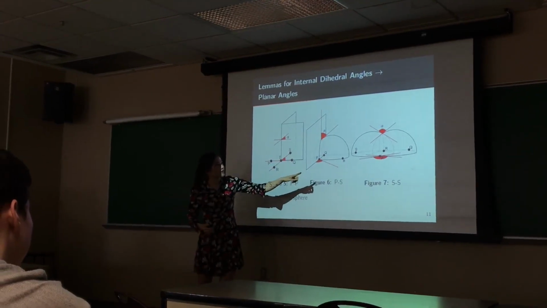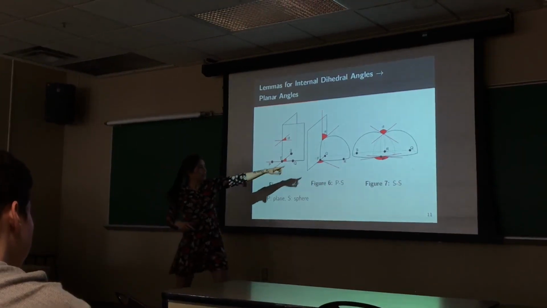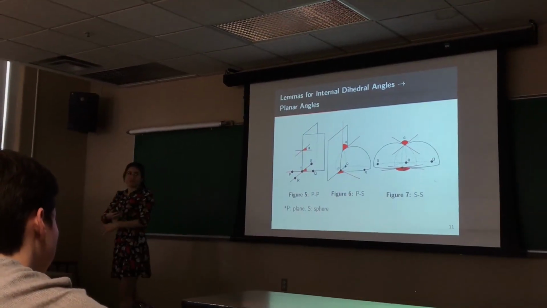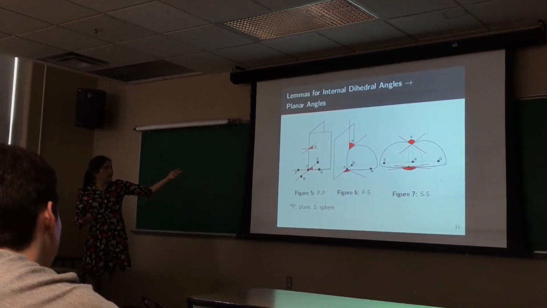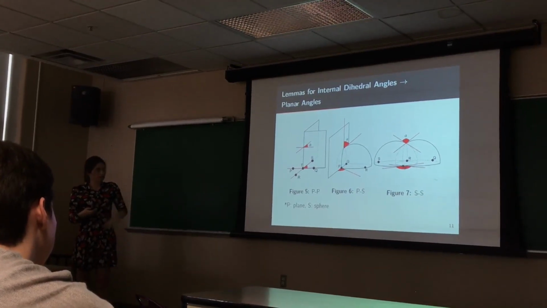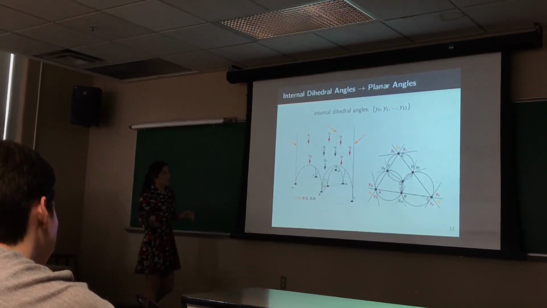And lastly, if we have a dihedral angle alpha created by the 2 hemispheres, then that angle is equal to the angle created by the tangent lines at one of the intersections, or either of the intersections, of the base circles.